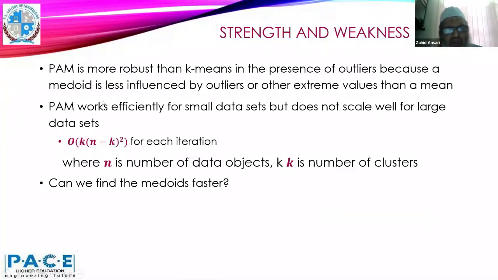PAM works efficiently for small data sizes, but doesn't scale well for large data sizes. Its time complexity is of the order of O(k(n minus k) square), so of the order of n square, where n is the number of data objects. So can we find the medoids in a faster way, because it doesn't scale well with large data sets?